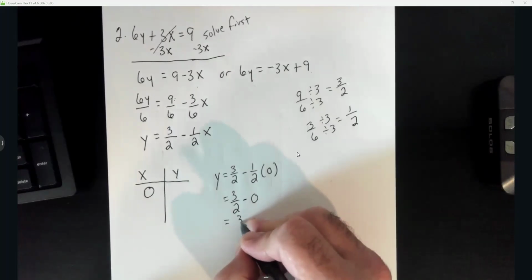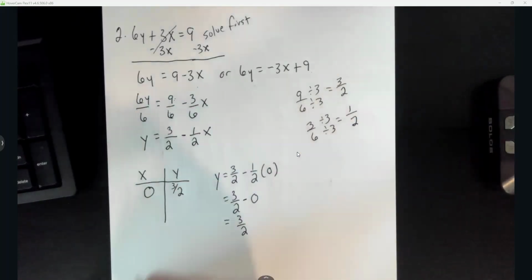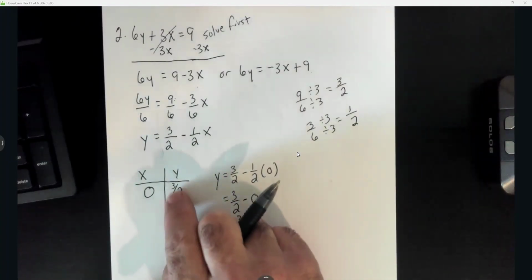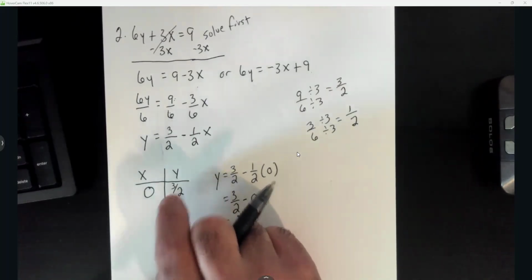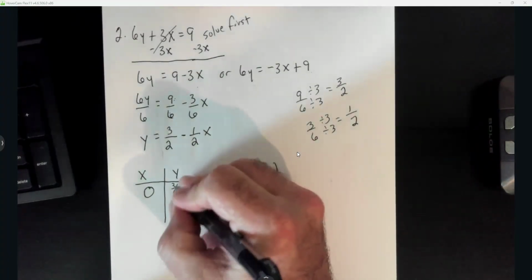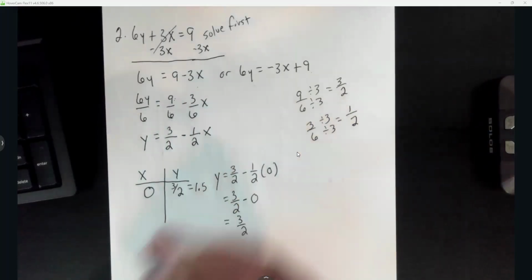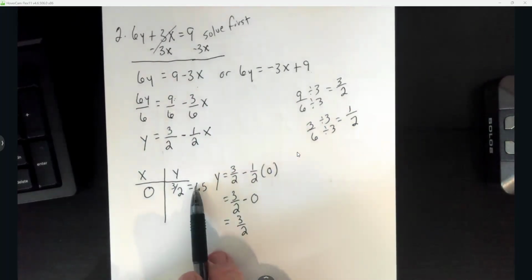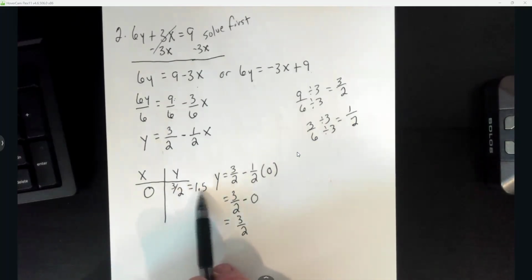And y'all, that's going to end up giving me a 3 halves. Now, here's a trick I do. It's hard to figure out what to do graphing fractions, but if you'll turn that fraction into a decimal, the decimal form of 3 divided by 2 is a 1.5 that I can graph. Okay? So if you don't like fractions, turn it into a decimal.